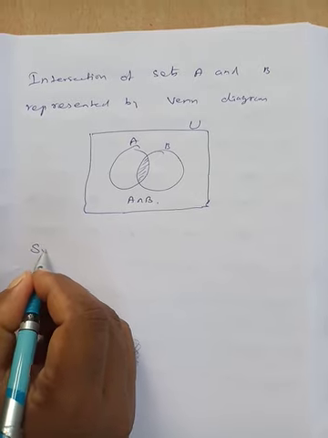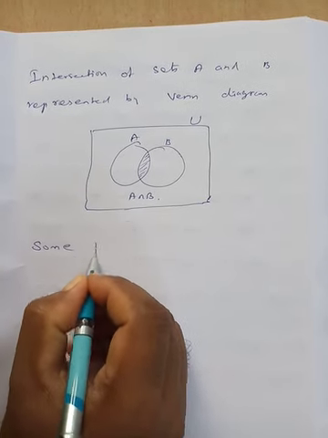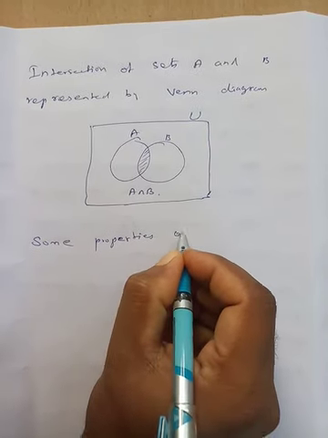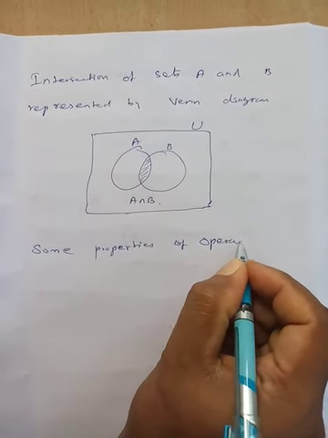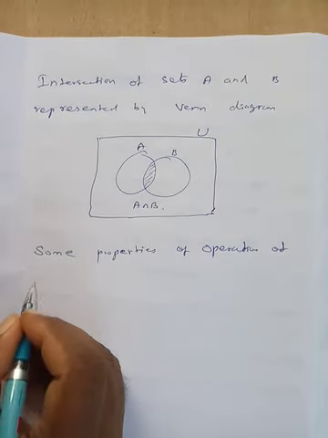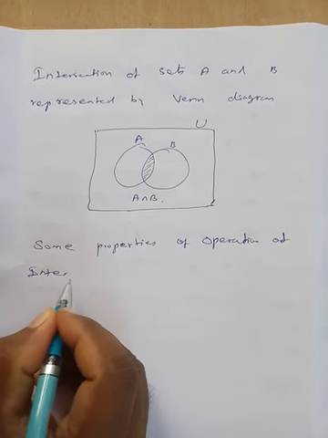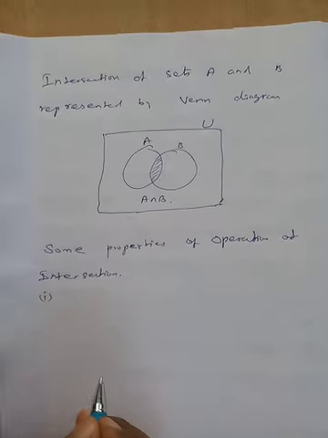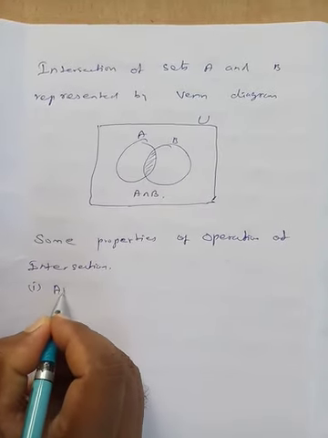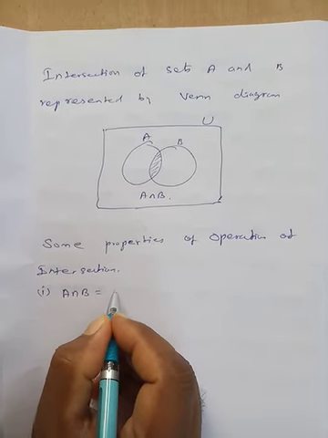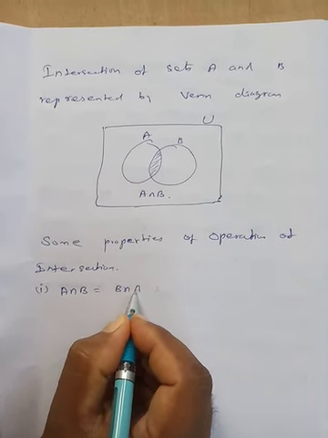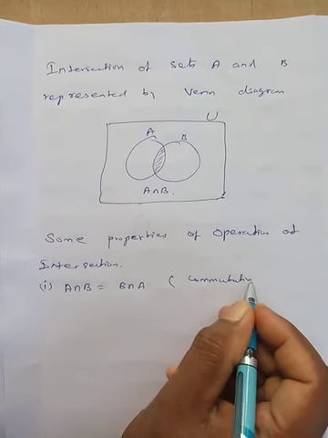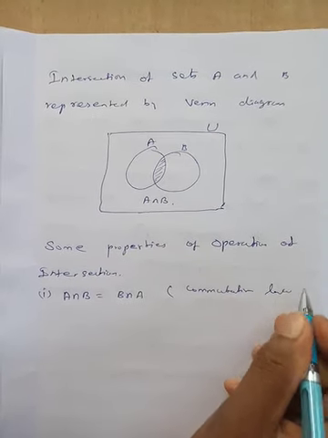Next, some properties of the operation of intersection. First property, A ∩ B is equal to B ∩ A. This is the commutative law.